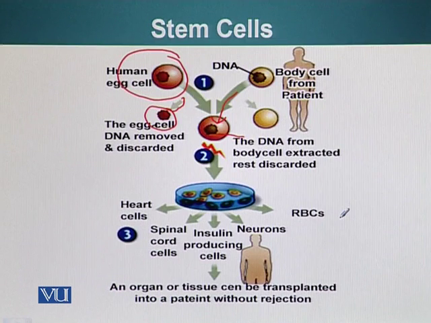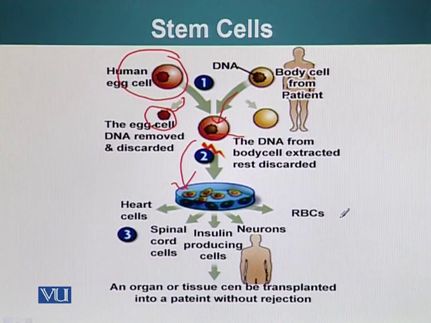Once this cell divides several times, the cells from this embryo will be taken and plated in a tissue culture dish. These cells will behave like embryonic stem cells. Now remember, we have said that embryonic stem cells have two very remarkable abilities. They have unlimited ability to divide, as opposed to adult stem cells, which have relatively limited ability to divide.